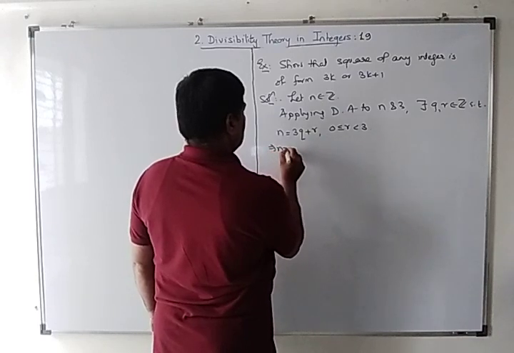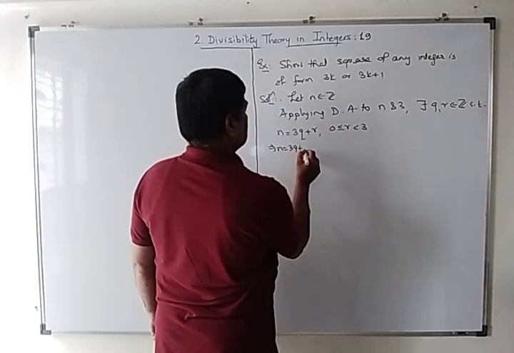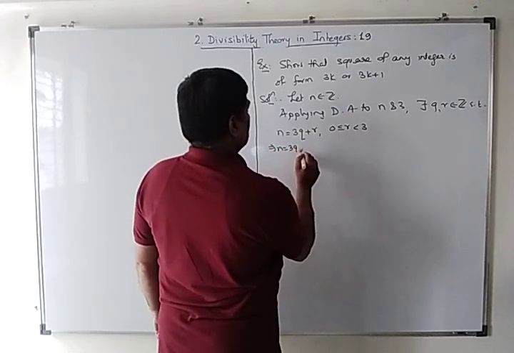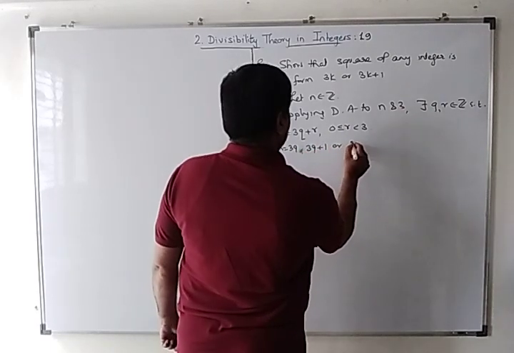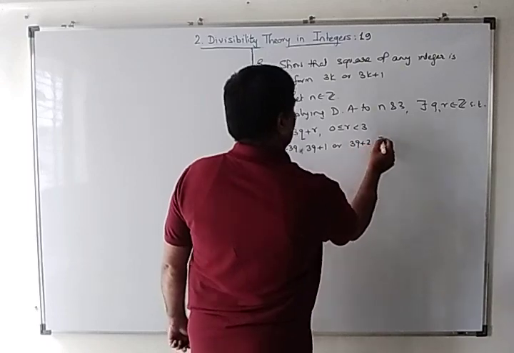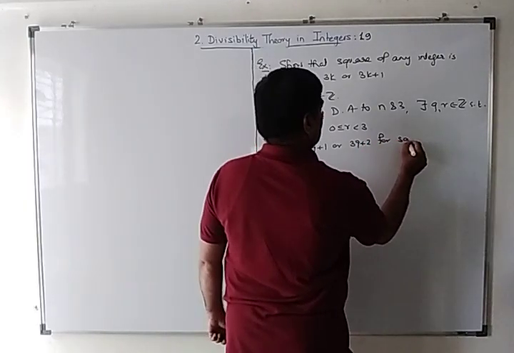This implies n is equal to 3q, 3q plus 1, or 3q plus 2 for some q belonging to Z.